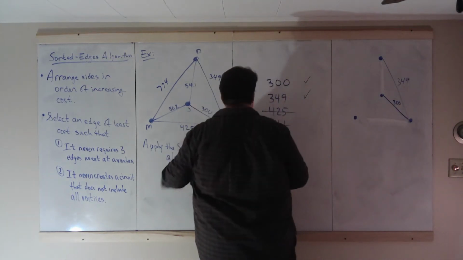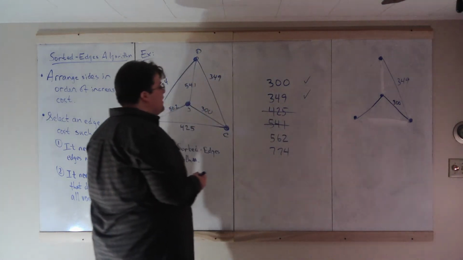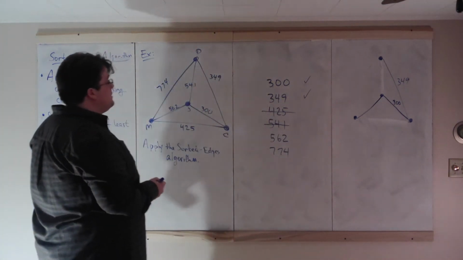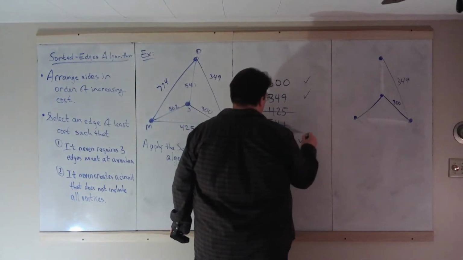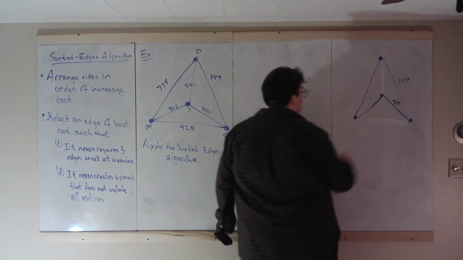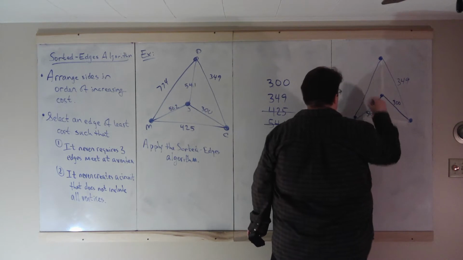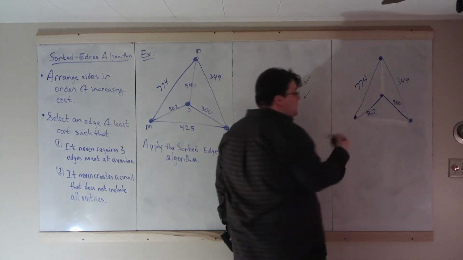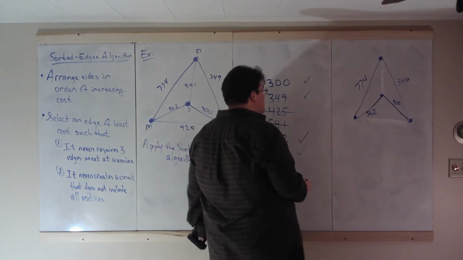Well, that's okay. That doesn't have 3 edges meeting at a vertex, and it does not create a cycle that doesn't include all vertices, so that's okay. And 774, the same thing. It does not have 3 edges meeting at a vertex. It does create a cycle, but the cycle includes all vertices.